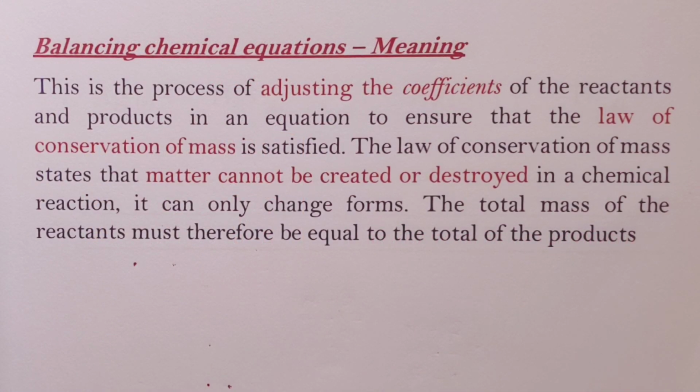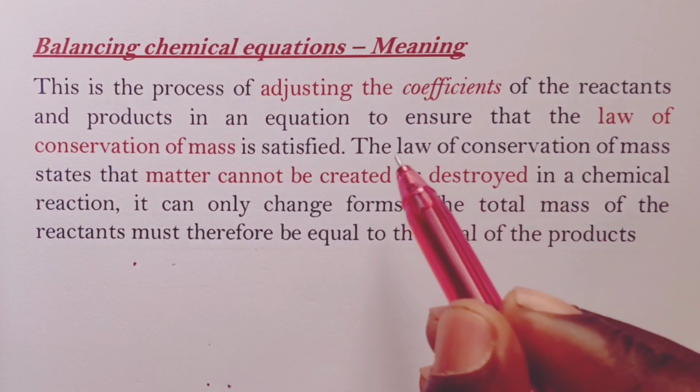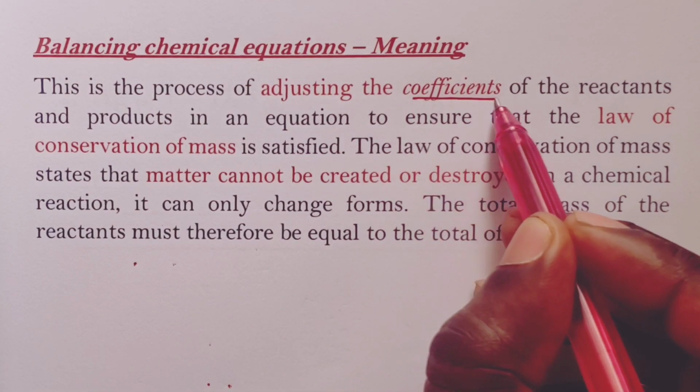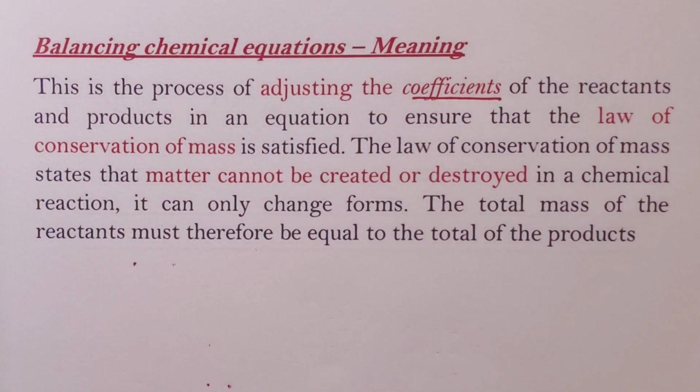We will start with the meaning of balancing a chemical equation, and this simply means the process where we adjust only the coefficients of the reactants and products in an equation. Why we do so is to ensure that the law of conservation of mass is satisfied.